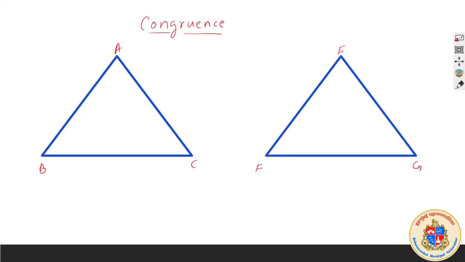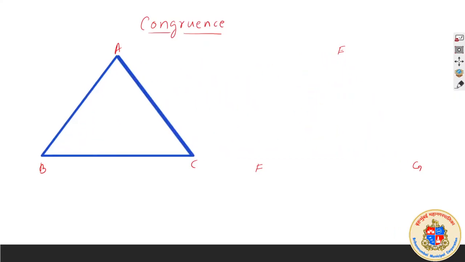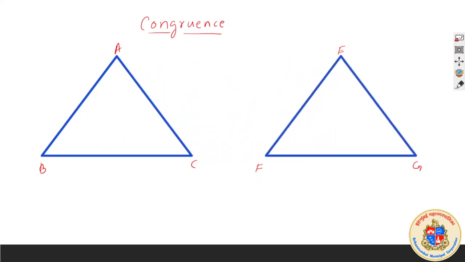Such triangles which match each other, which fit one on the other, we call such triangles congruent triangles. We know that in these two triangles, vertex A corresponds to vertex E. I am using the word vertex, another term related to triangles.